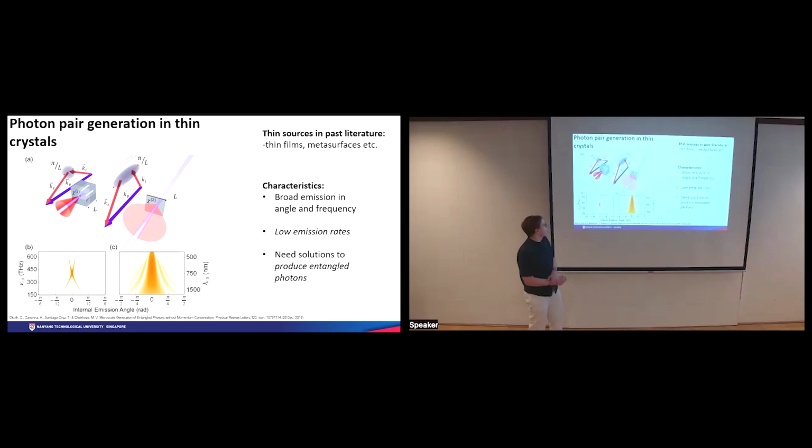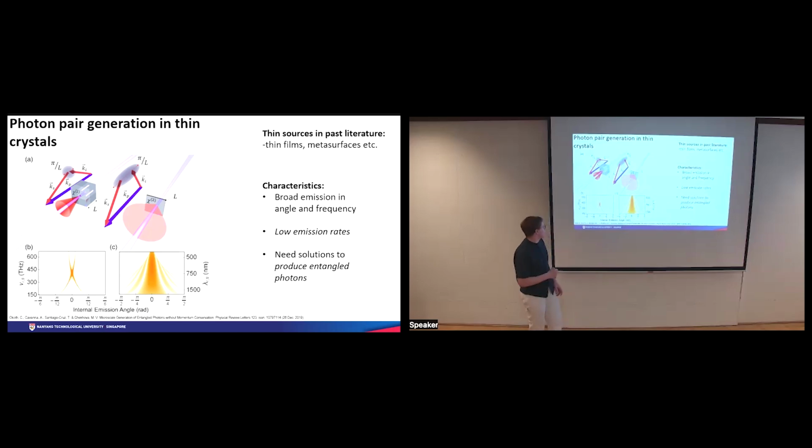When you generate the photons in a very thin interaction length, the phase matching condition becomes less important, because if your interaction length is less than the coherence length, then all your photons will be generated in phase regardless of phase matching. And this results in a very broad emission pattern and a very broad spectrum emission.